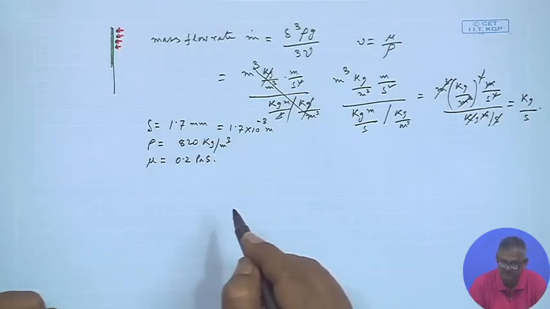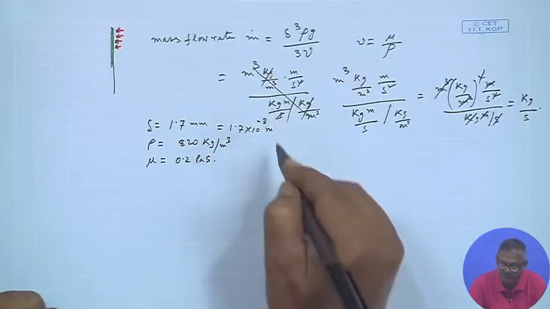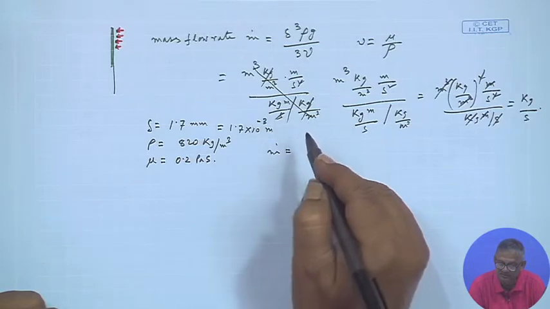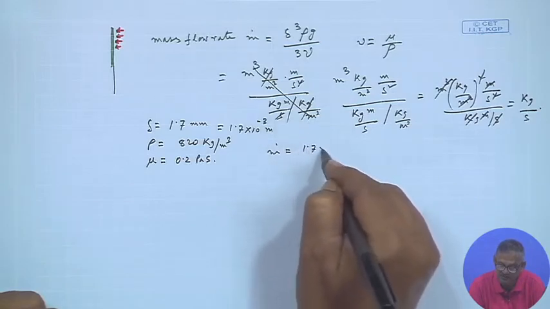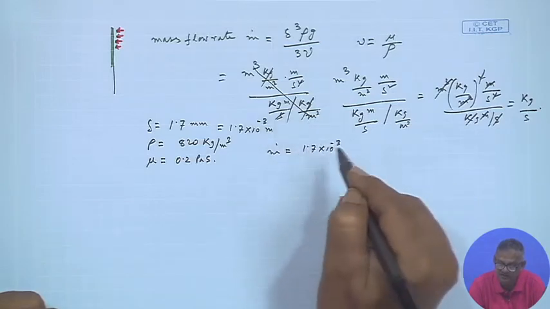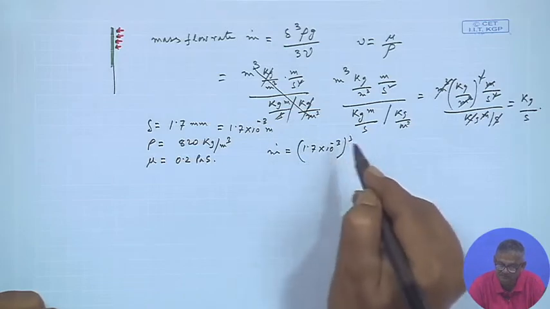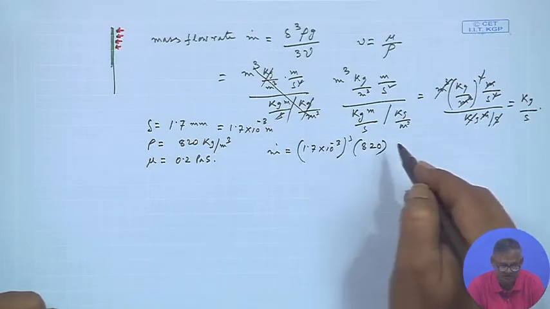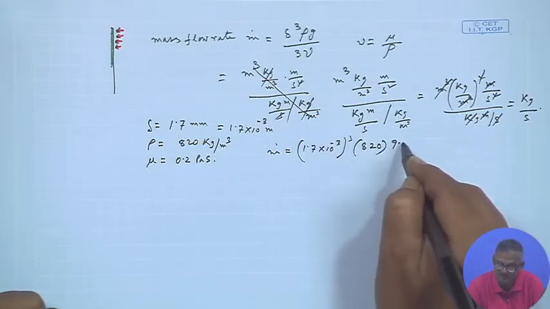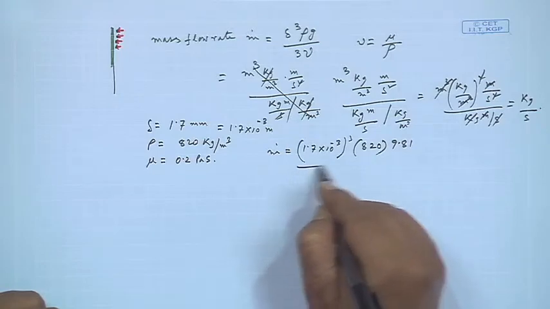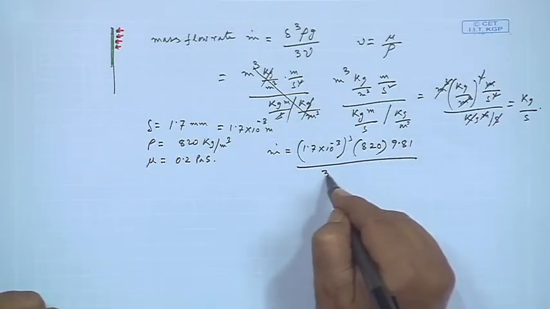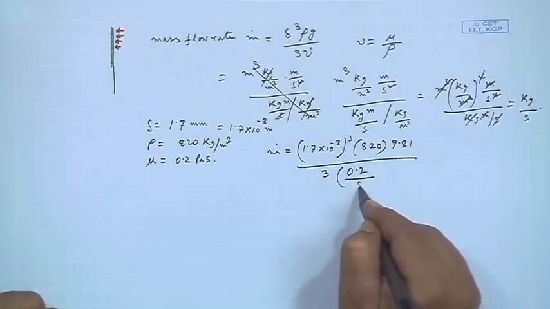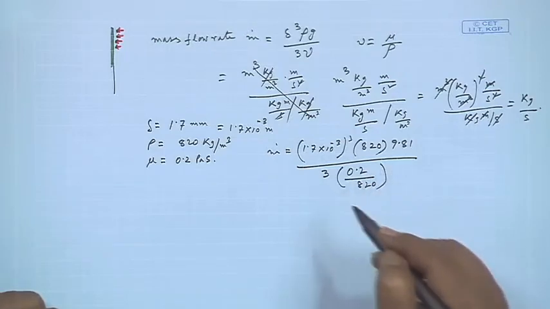So we substitute: m dot equals del cube, that is 1.7 into 10 to the power minus 3 whole cube, times rho 820, times g 9.81, and 3 into 0.2 Pascal second by 820.